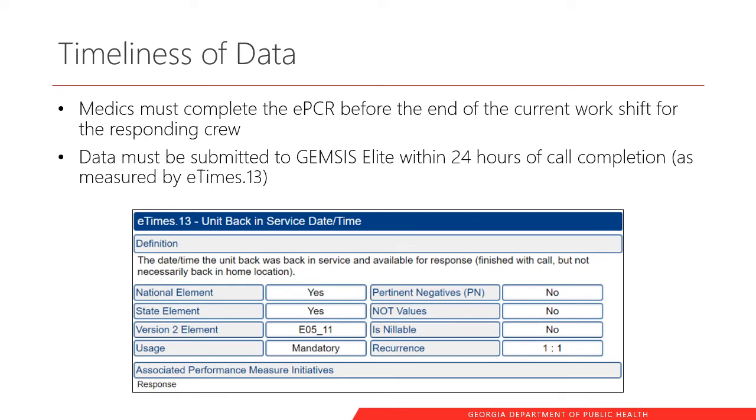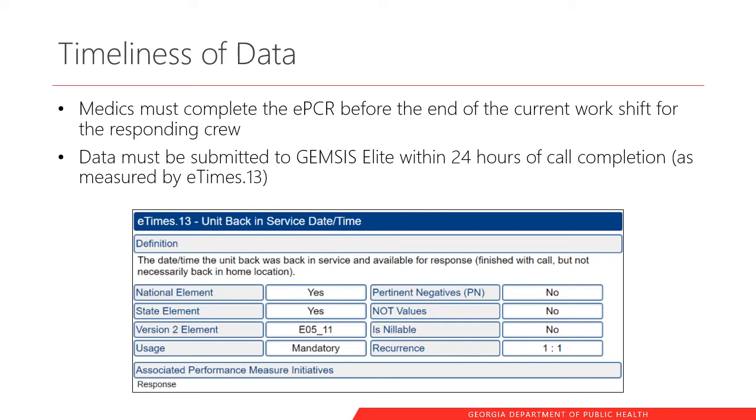Timeliness of data, right? And we've talked about this already. Medics must complete the PCR before they go home, okay? They have to complete it before they go home, and the agency has to have it into GEMSIS Elite within 24 hours. So this is a two-part requirement, right? There are a couple of people responsible for getting the timeliness of the data correct, and that's the medics.